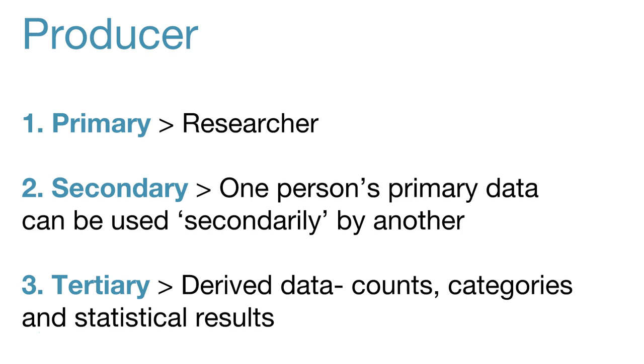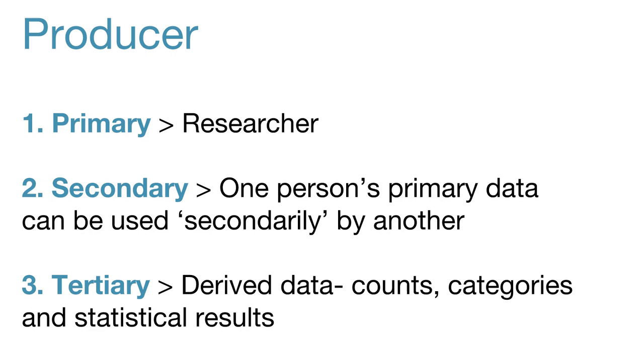Then we also want to think about who produced the data. A primary producer is going to be a researcher. The researcher sets up the data protocol, runs the model or the research, and gets data in a very primary way from that methodology. The secondary is when we utilize somebody else's data.